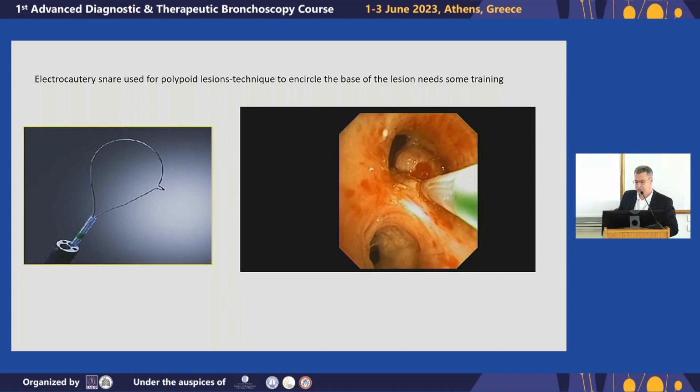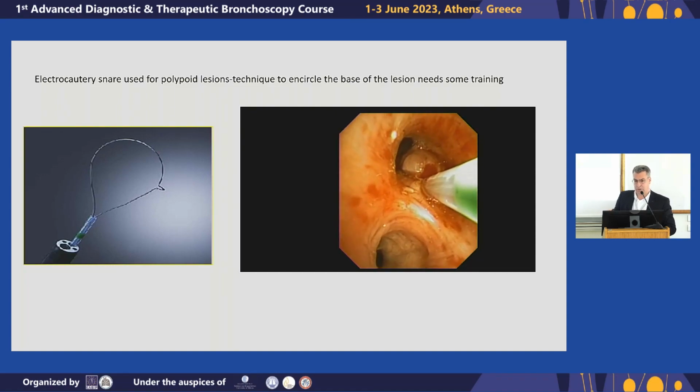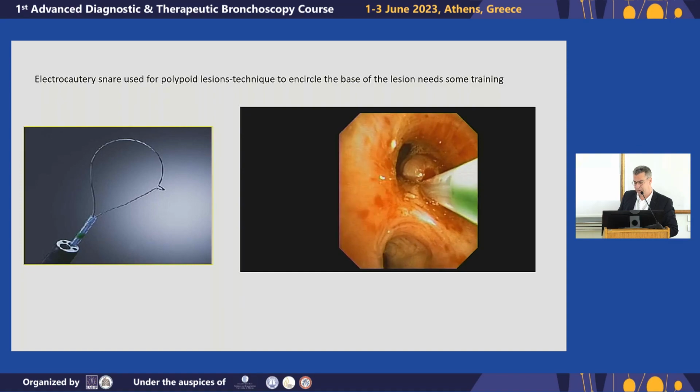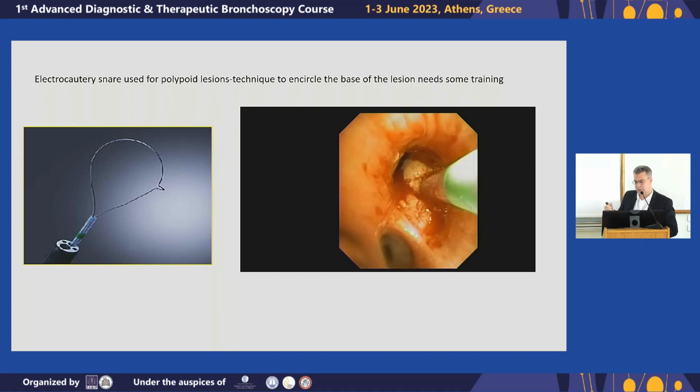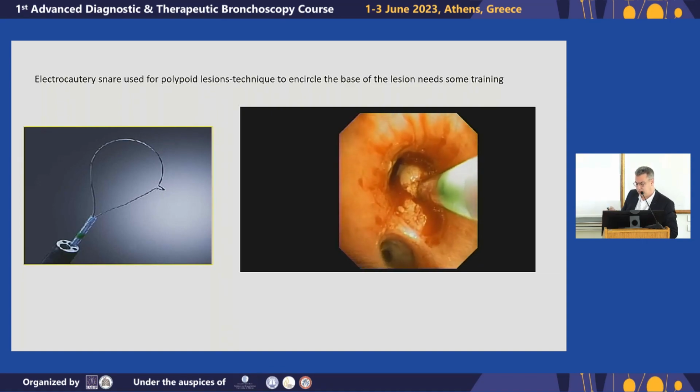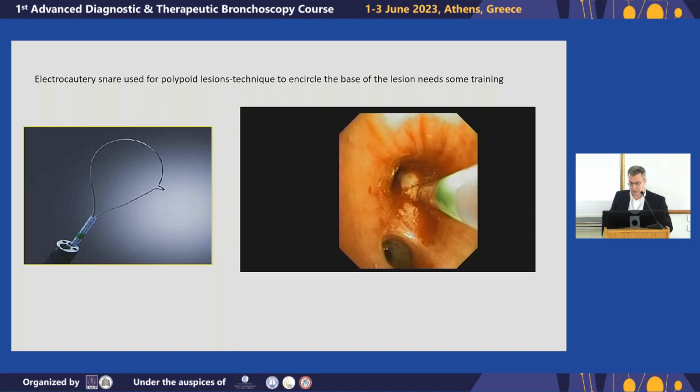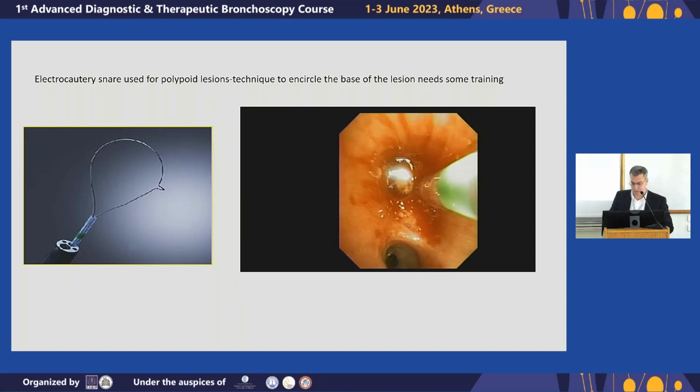slowly, trying to keep all the lesion inside our snare. And we cut and we press, we cut and we press till we have a chunk coming out. And then you will see that we can take this piece out.